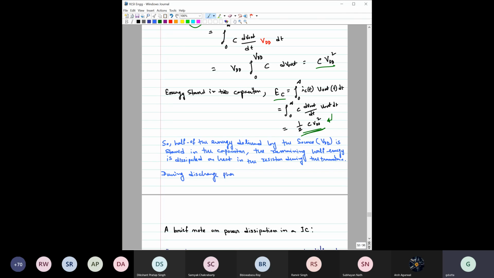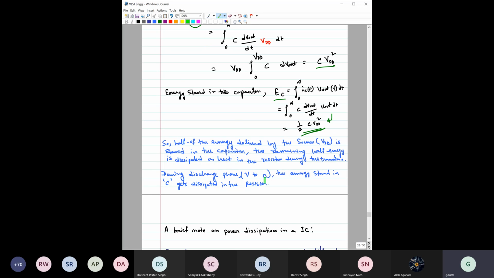the energy stored in C gets dissipated in the resistor.